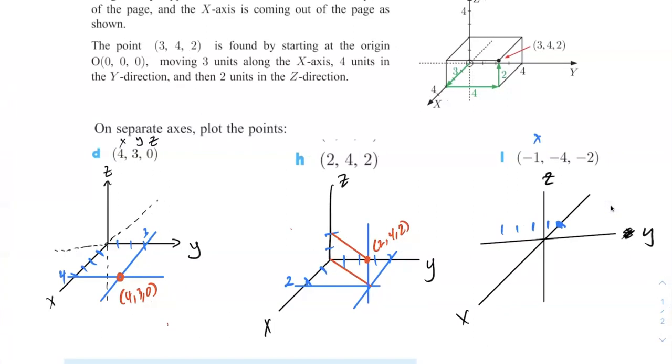So 1, 2. So around there. We went to -1 this way, and then we went -4 this way, and then we went down 2, and that got us to this spot, -1, -4, -2. So that's how you graph in 3D space, roughly.